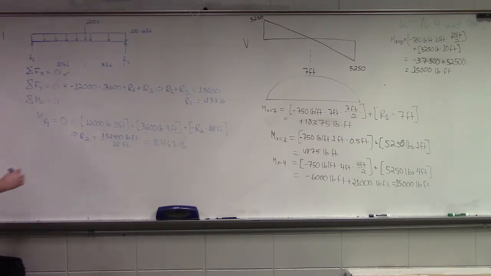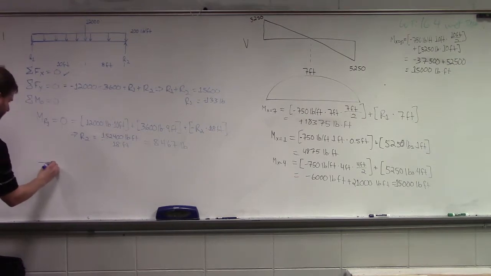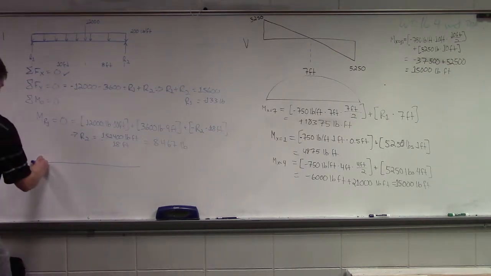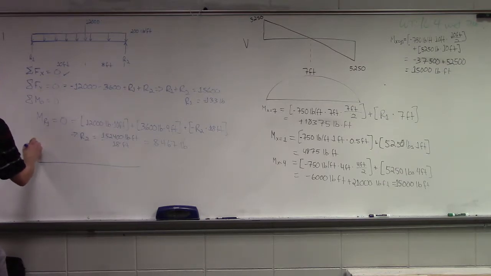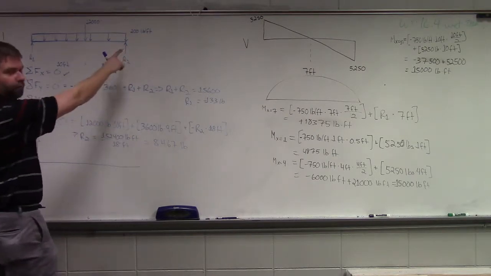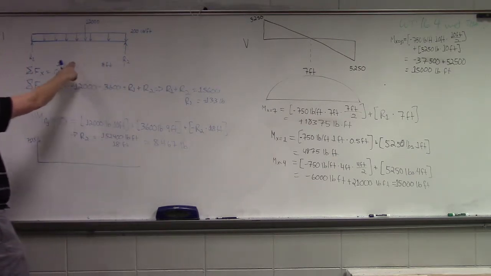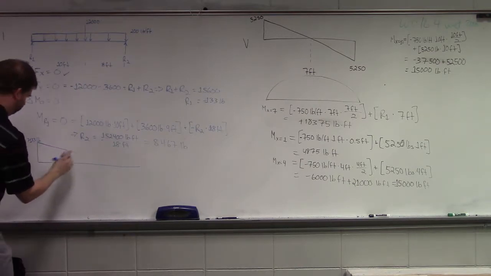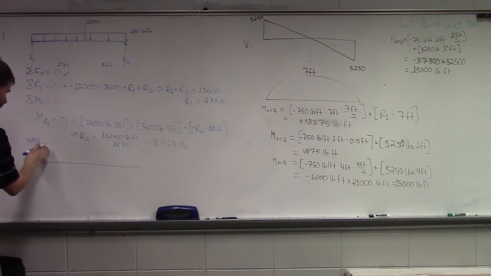Okay. So what does our shear look like? R1 would go right up to 7,133. And then for 10 feet, you angle down to 5,133, because you're losing 200 pounds per foot over 10 feet, so 2,000 pounds less over 10 feet.